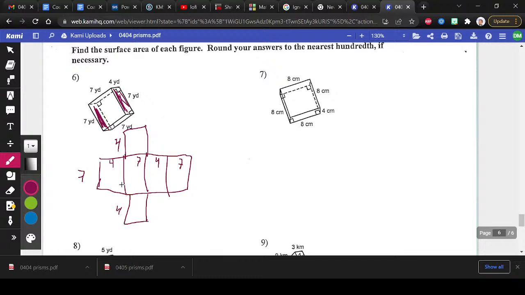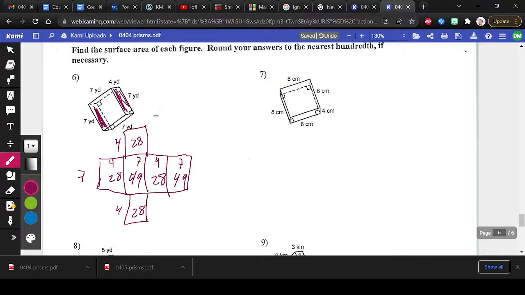So looking at this, this actually presents a really simple problem because we go 4 times 7 is 28, and all of these then, 4 by 7 is 28, 7 by 7 is 49, and these are 28, and these are 28. So all we have to do is add up all those.